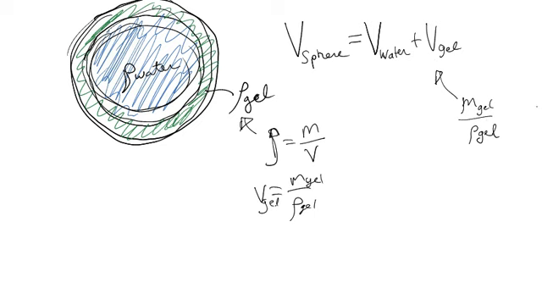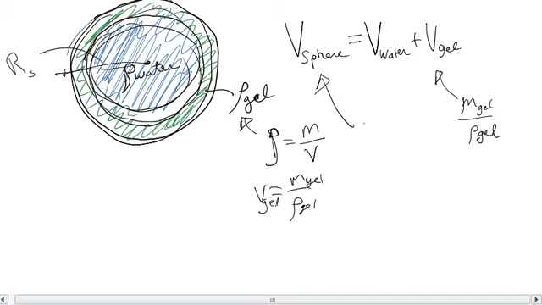Okay, so what we did in this experiment was we took the radius of the sphere and measured it, and this radius was R sphere, RS, and so we used the equation for the volume of a sphere for this part, which is just 4/3 pi RS cubed, and we knew what that was.